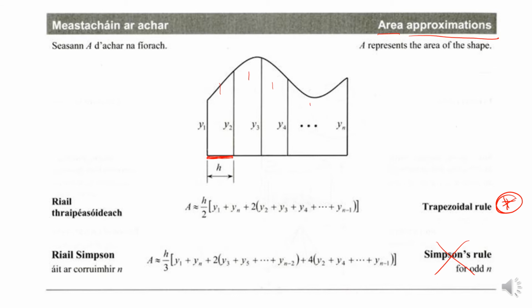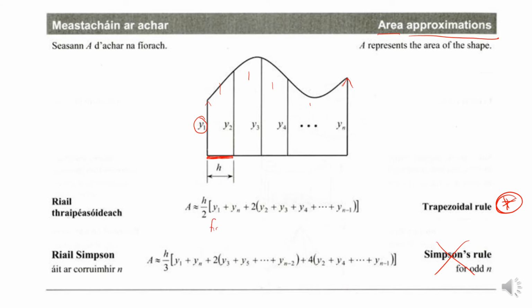So the formula says h over 2, and then it wants the first height, y1, plus the last height. So yn is used because it's the last one. Some questions you have 5 measurements, some you have 7, some you have 9, and so on. So that's your last one.